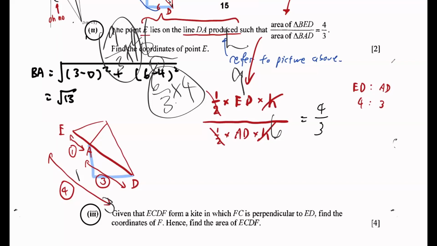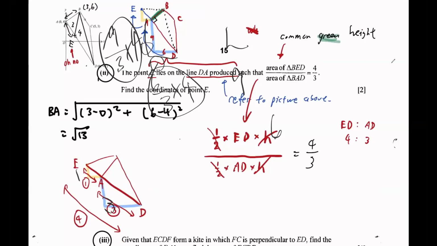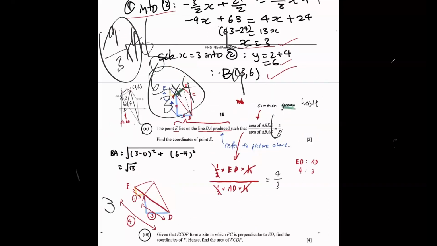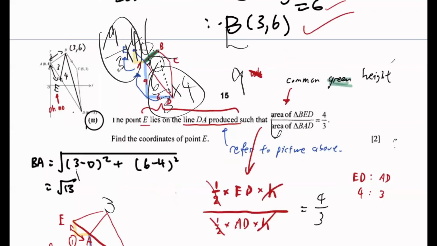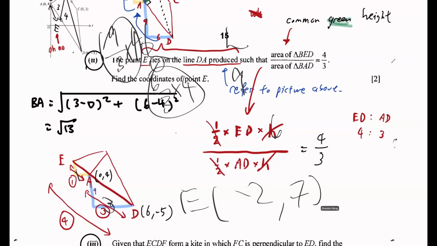Okay, 6 over 3 times 4, the x coordinate of D. So 6 minus 6 over 3 times 4, so minus 2 for the x coordinate of D, and then, wait, is it 7? Is E negative 2, 7?